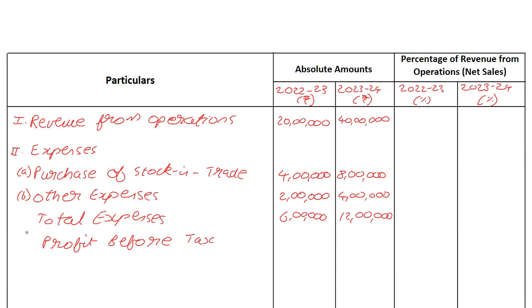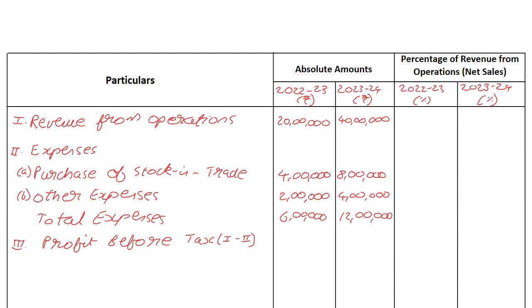Then total expenses, which is simply a total, we need not number. We then number profit before tax, and in brackets we say it is Roman 1 minus Roman 2.